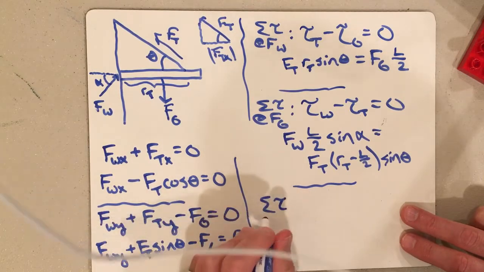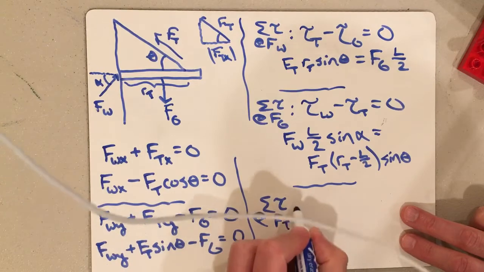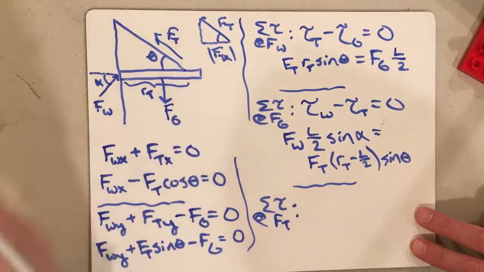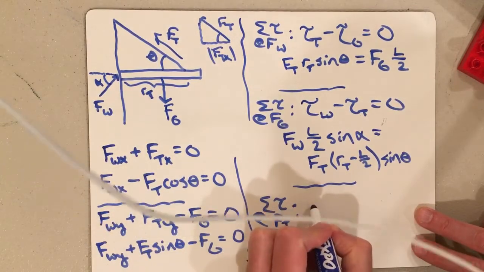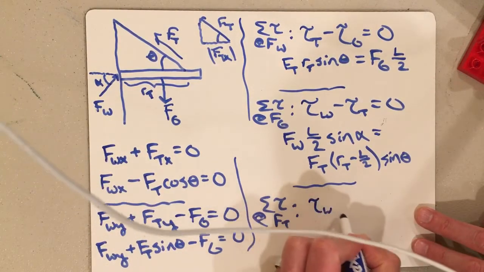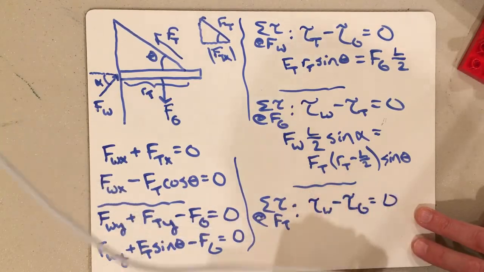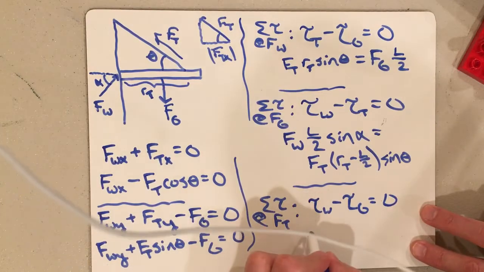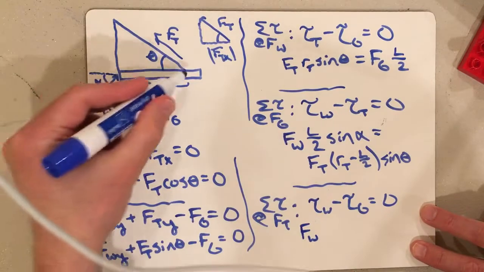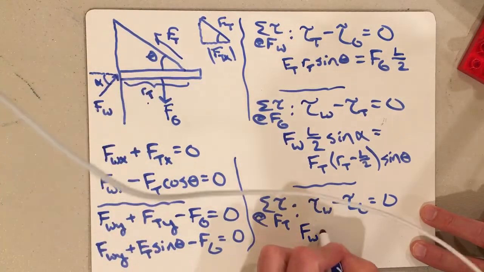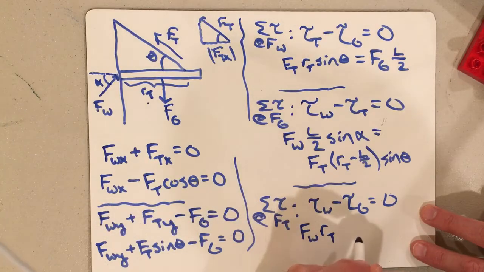And here's my third. This is at F_t. Now F_t isn't creating a torque, only these two are. So that's the torque due to the wall minus the torque due to gravity. That has to equal 0. The wall, so this is the force of the wall. It's how far away from the rotational axis, R sub t. And what's that angle?